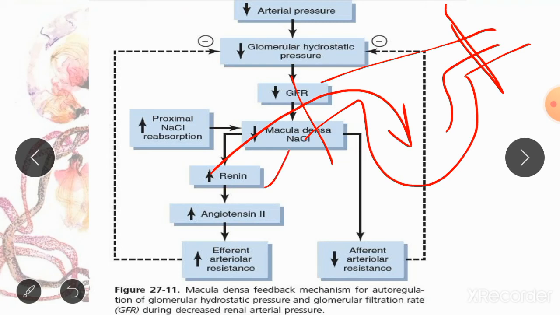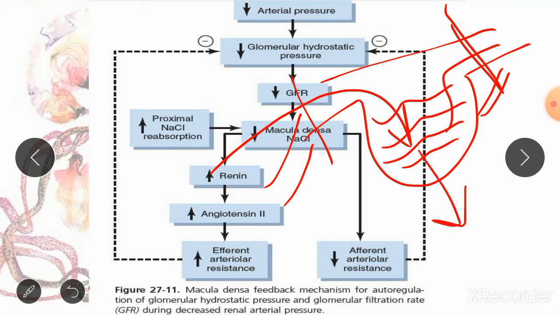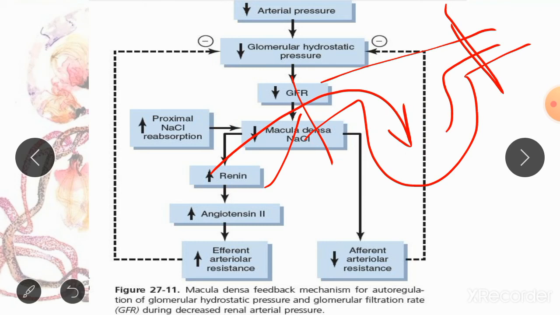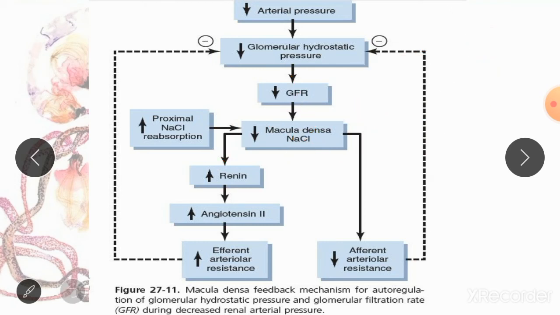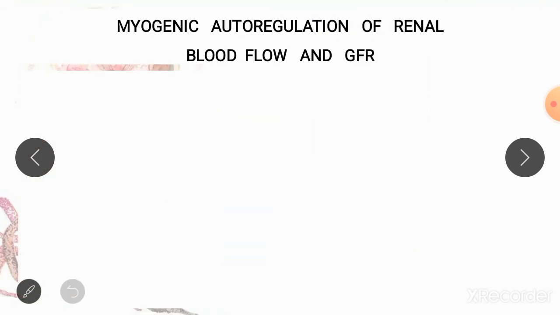Both the dilation of afferent arteriole and constriction of efferent arteriole are going to raise the hydrostatic pressure of glomerular capillaries and increase GFR. So in this way your GFR is going to increase despite your reduced arterial pressure.